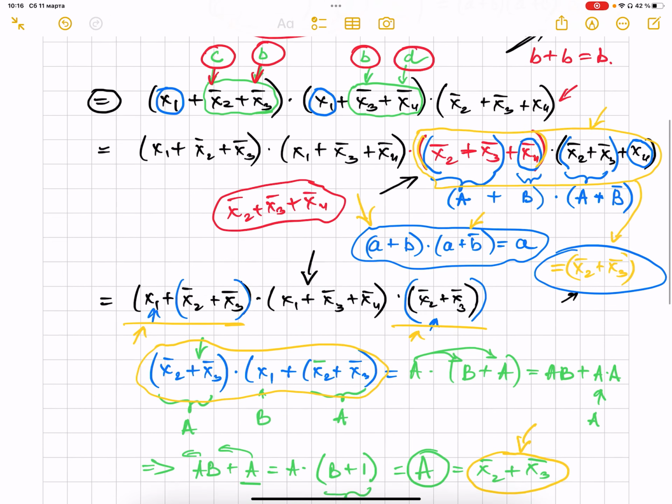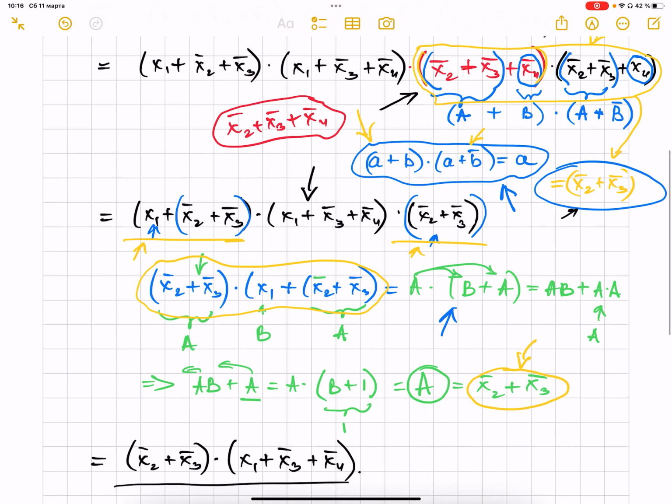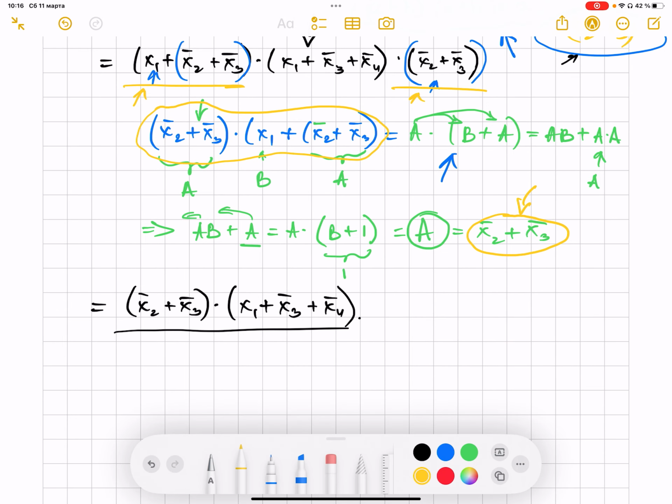We used not just one but two properties, and these two properties gave us the final answer, which is this one. So this is how we can use consensus property 17b.